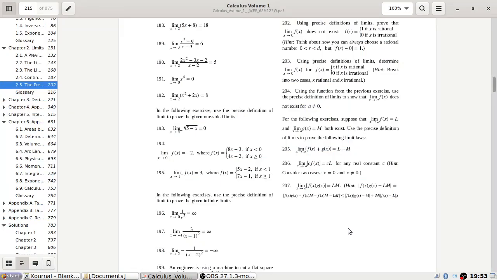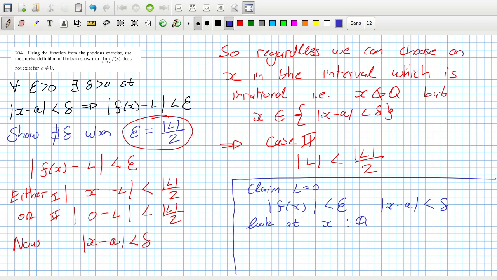Or no, maybe this time I want it to be rational. x in Q. So you would have the absolute value of x less than epsilon. But you have |x - a| less than delta.